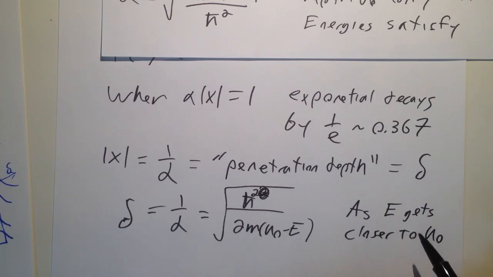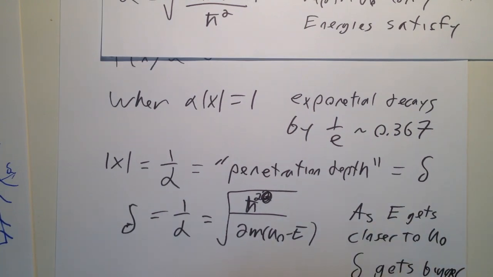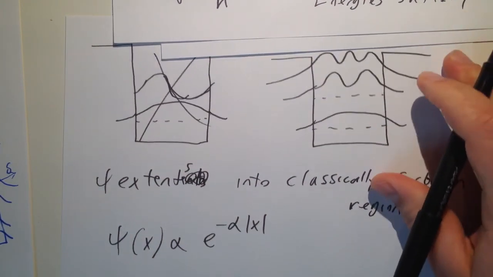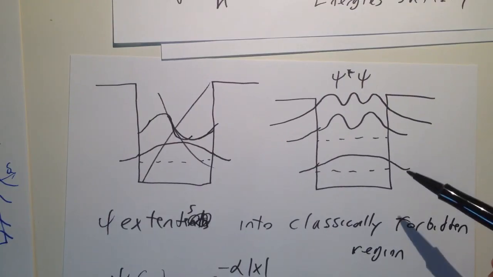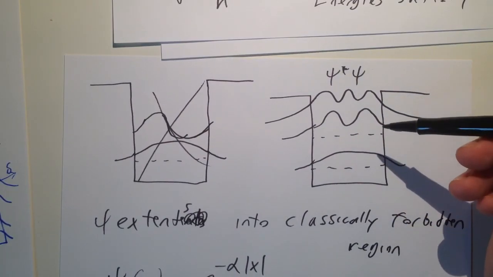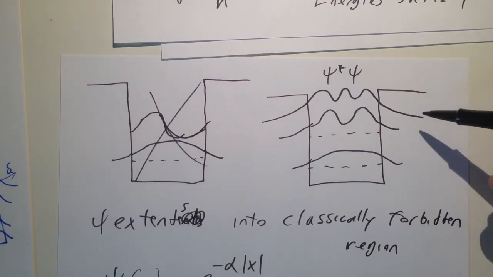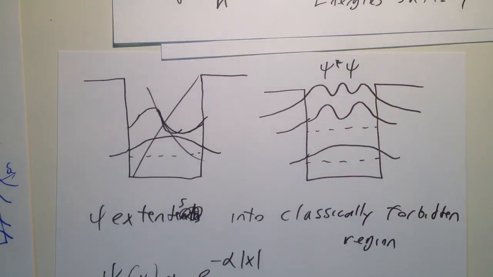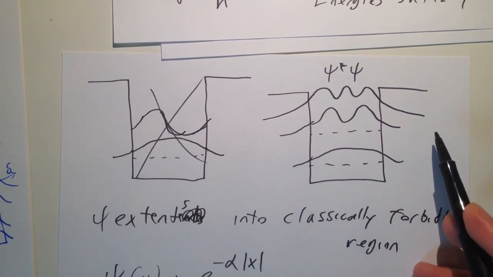So as I go to higher energy levels, as my energy gets closer to U naught, the penetration depth gets bigger. That's another interesting thing, and I drew that here a little bit: as I increase in energy, the depth that the wave function penetrates into the forbidden region increases.